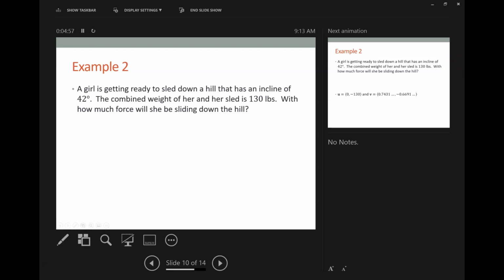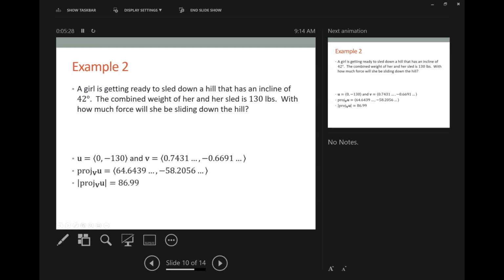So read through this one. Is this any different than the previous example? No, this reads identically, right? Just different numbers, and we have replaced Tommy with a girl. Okay, so again, we'll find our vectors u and v, and we get our projection, and we get our magnitude.